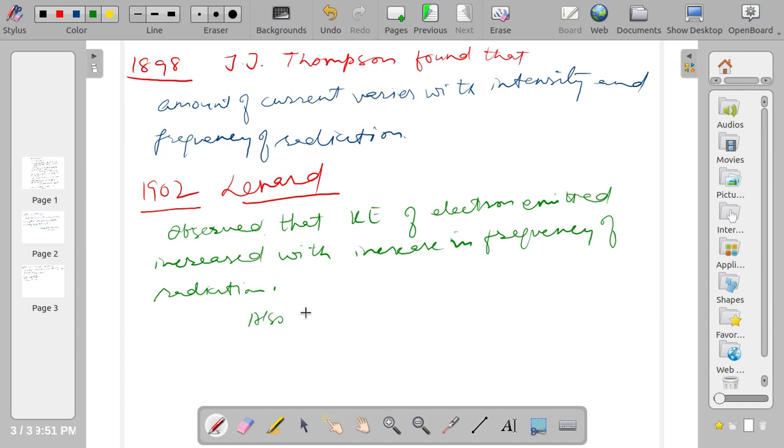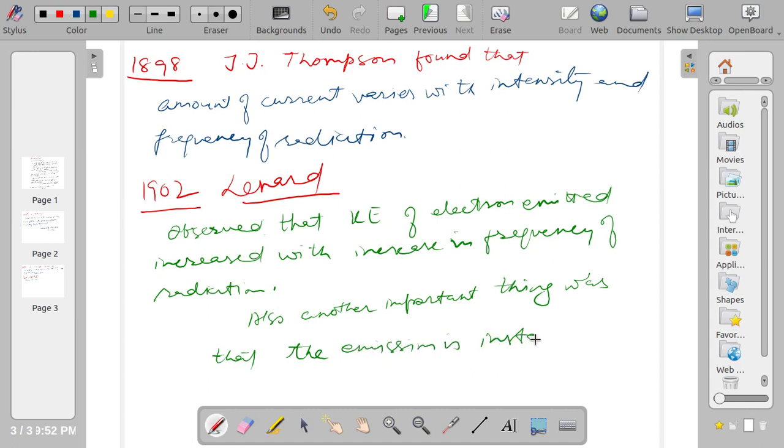Also, another important thing which was observed was that the emission is instantaneous as radiation falls on the surface.